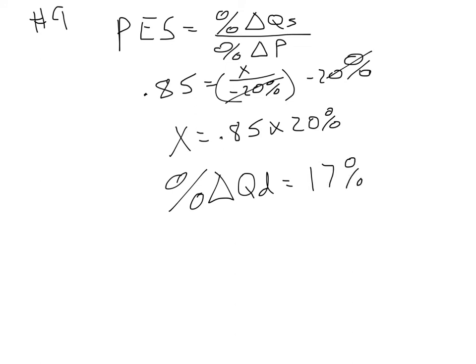Again, that's inelastic supply because we're changing price by 20%. We're decreasing price by 20%, and that is a negative 2, by the way. We see a decrease in supply of 17%.